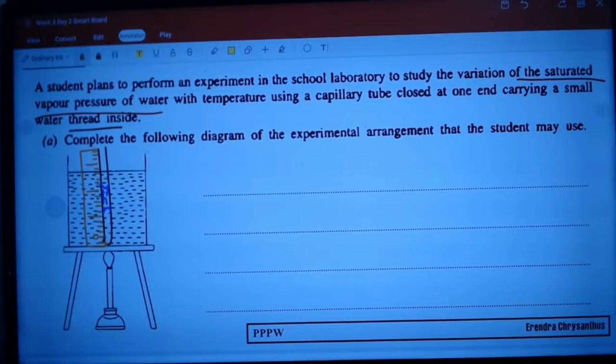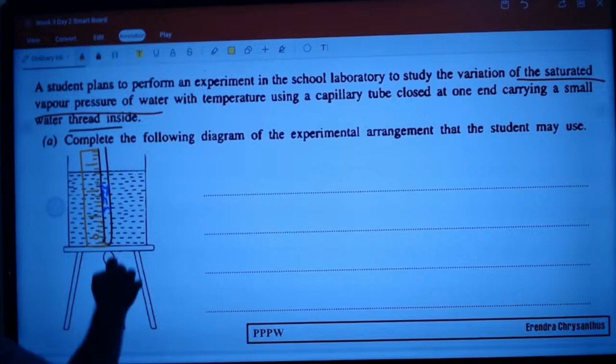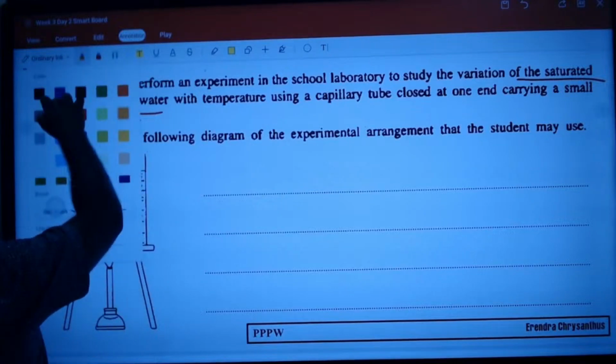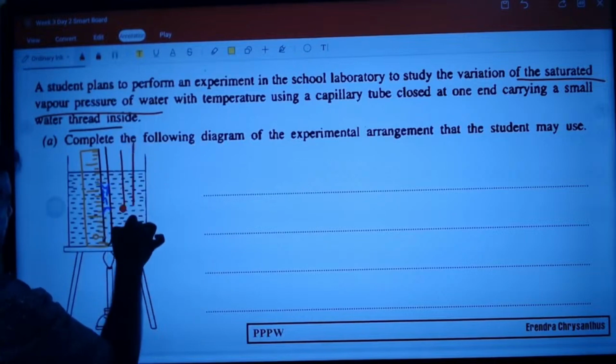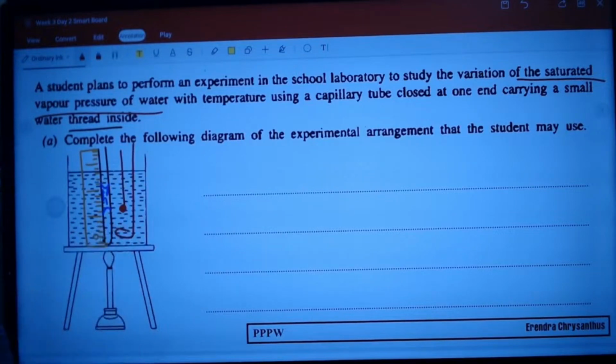There you go, linear scale. So complete the following diagram. Thermometer is required. Stirrer. There you go. Right now.